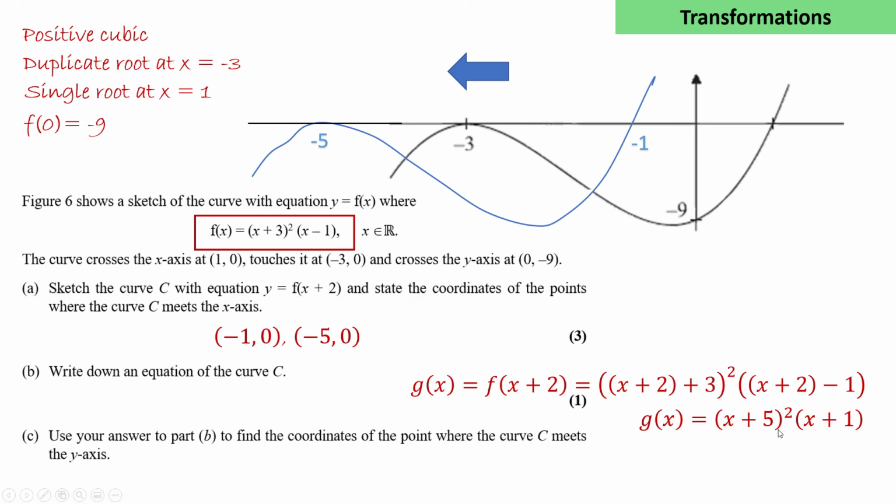So again we can see we have a duplicate root at x equals minus 5 and a single root at x equals minus 1. To find out where this cuts the y-axis, we set x equal to 0 and we get 25. So the point where the curve meets the y-axis will be 0, 25.